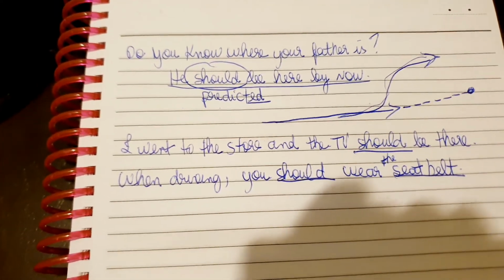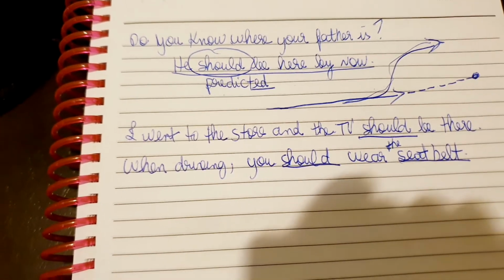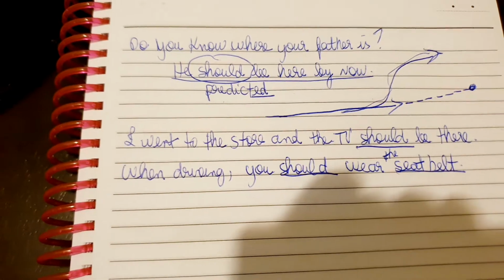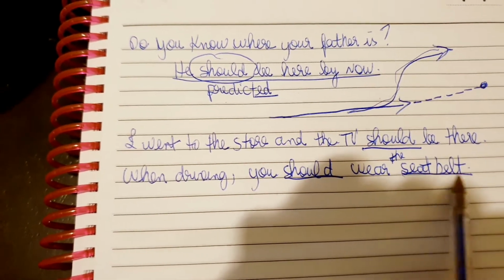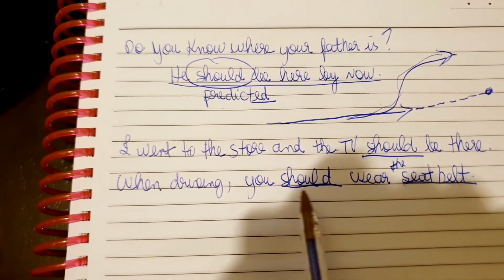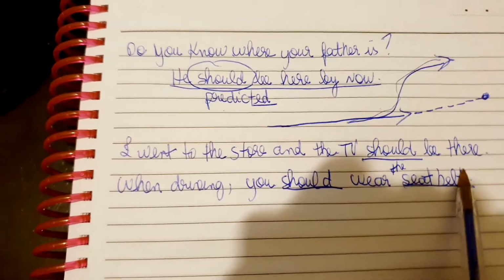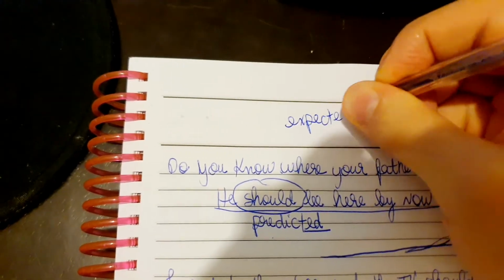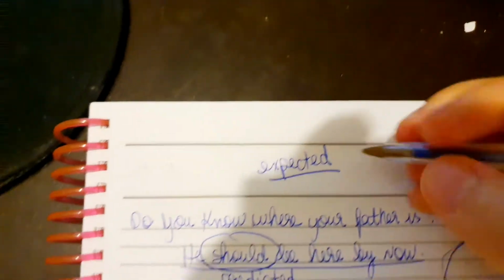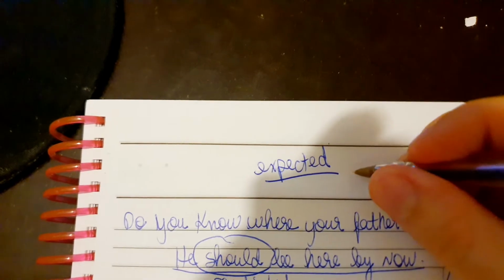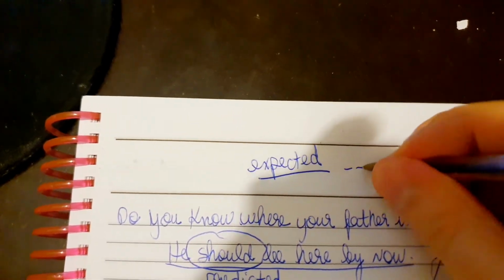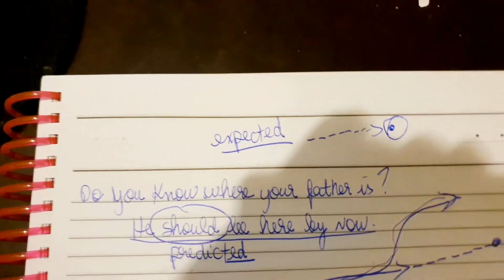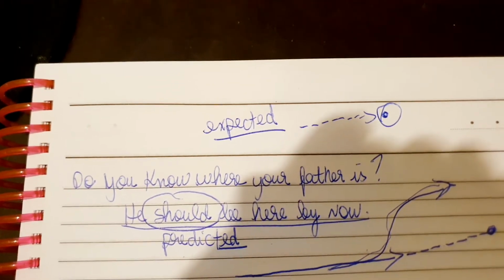Yeah, in some countries, some cities, it is mandatory, but not necessarily. But it's advisable. You should wear a seat belt. It's expected that you wear a seat belt. So it expresses an idea that something was expected, right? The ordinary course of action should guide you to a result, but it doesn't happen that way.